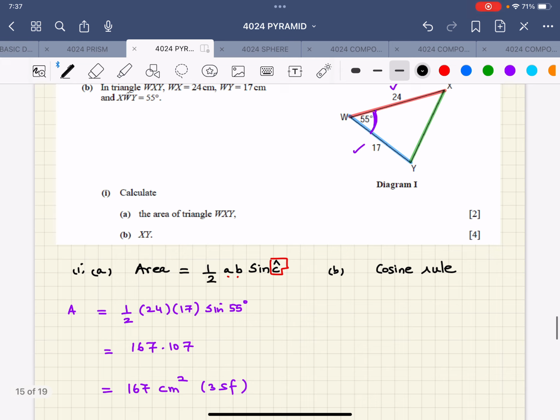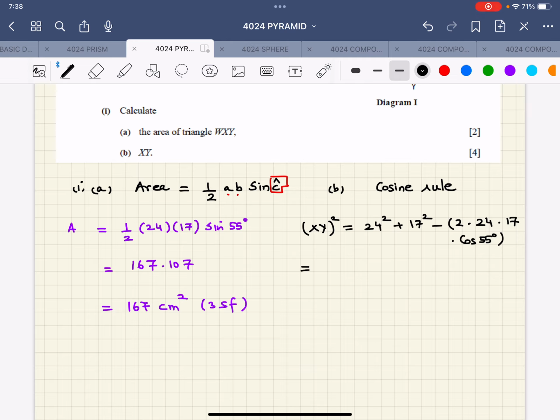So let me write XY, the whole thing square, that equals 24 square plus 17 square minus 2 into 24 into 17 into cosine of 55 degrees. Now first of all, 24 square, I think it's 576, and 17 square is how much? 289.